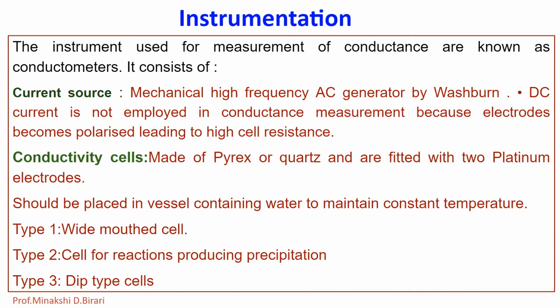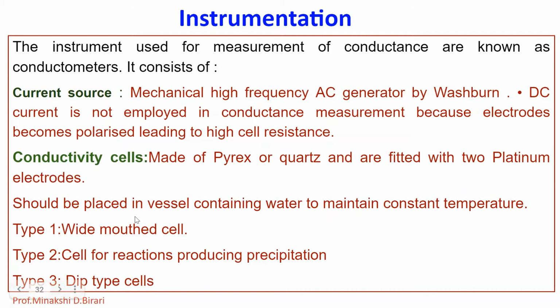In case of non-polarizable electrodes, the applied potential differs from the reversible electrode potential by an infinitesimally small amount. A very small current flows, resulting in very small changes in the concentration of the solution.